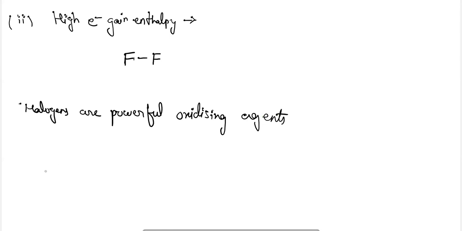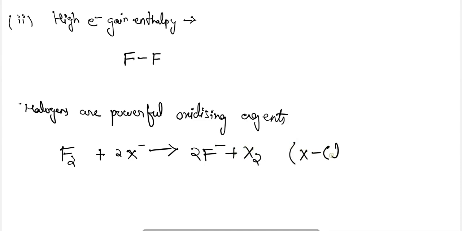It means that if we react halogens with other elements, they will readily reduce the elements present there, and they themselves will get reduced while the other elements get oxidized.